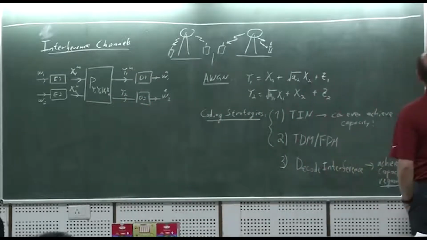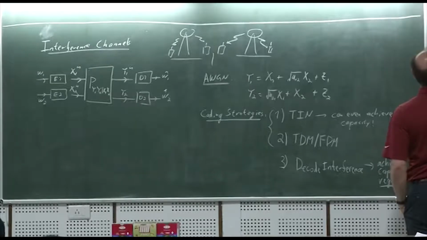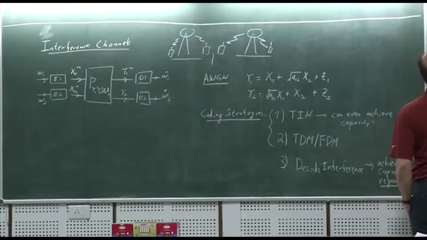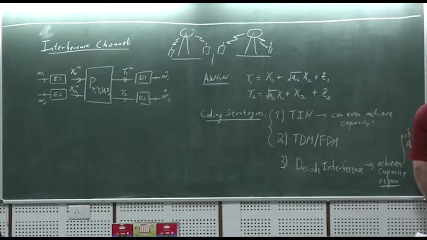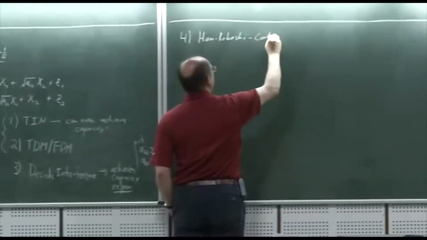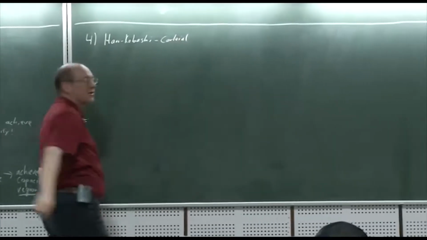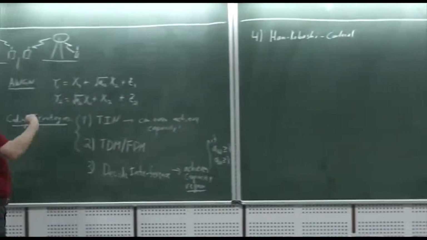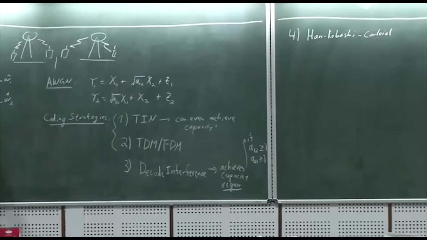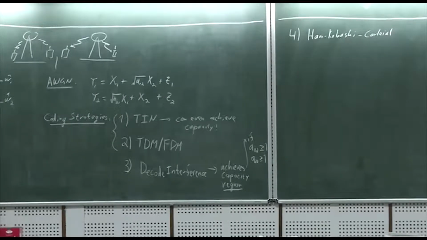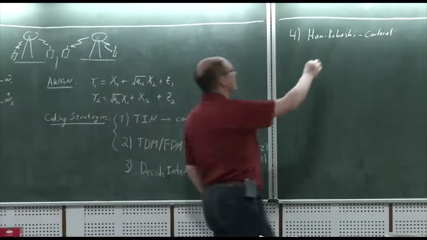Then finally, we talked about the so-called Han-Kobayashi region, which I emphasized really deserves to add Carleial, because he's really the guy who came up with the coding method. What Han and Kobayashi did is improve the decoding method, right? So in that sense, it really deserves all three, I think. Kobayashi.